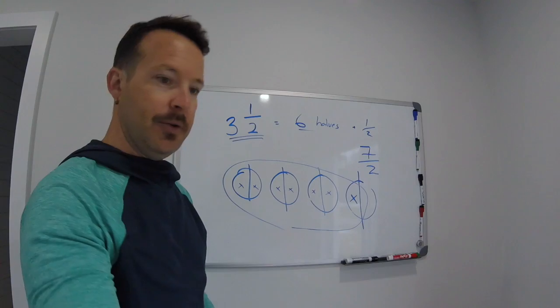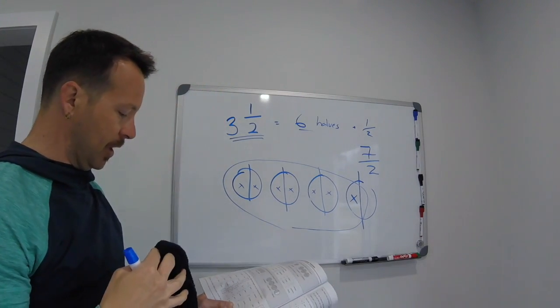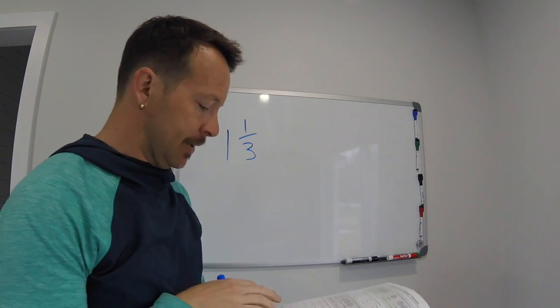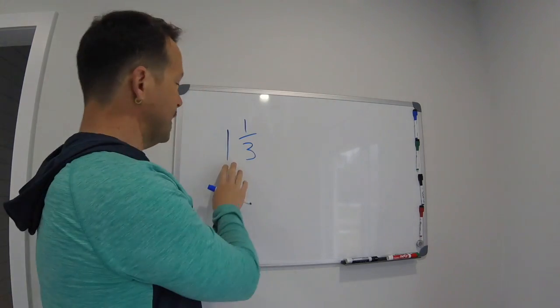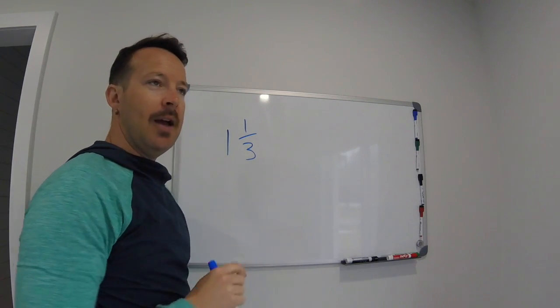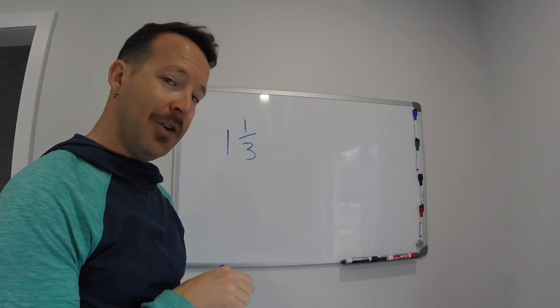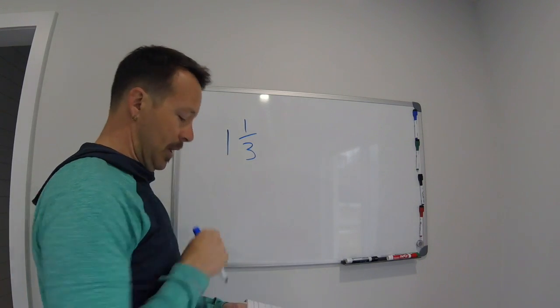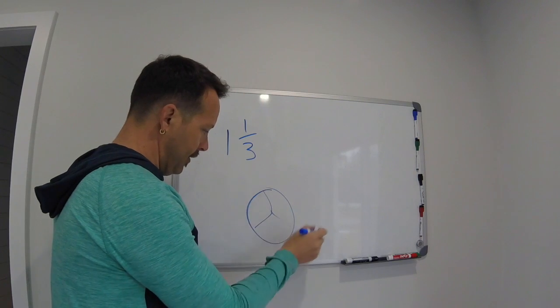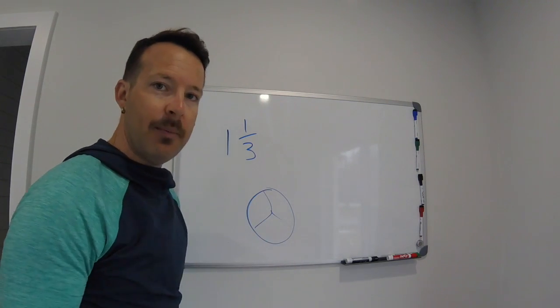Now let's go on to another question. We'll do question I. It's asking us to change this number into an improper fraction. So first, it asks us, how many thirds do we have in 1 pie? So if I have 1 pie, and it's divided into thirds, 1, 2, 3, how many are there?